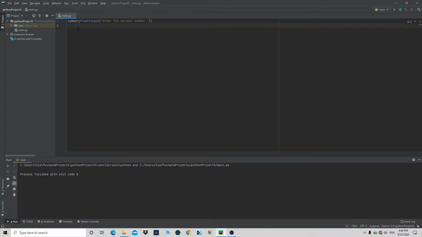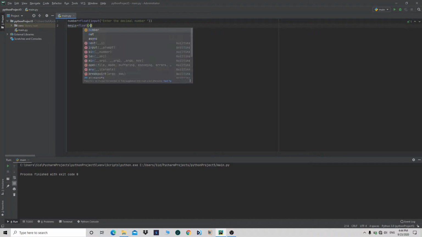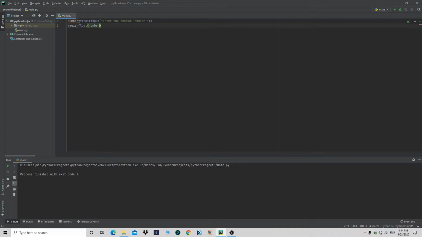Now in the second line, whenever we put in anything like 0.6, if we multiply it by 2, we don't want any string. So I'm going to set another variable equal to float of the number, a string into float.